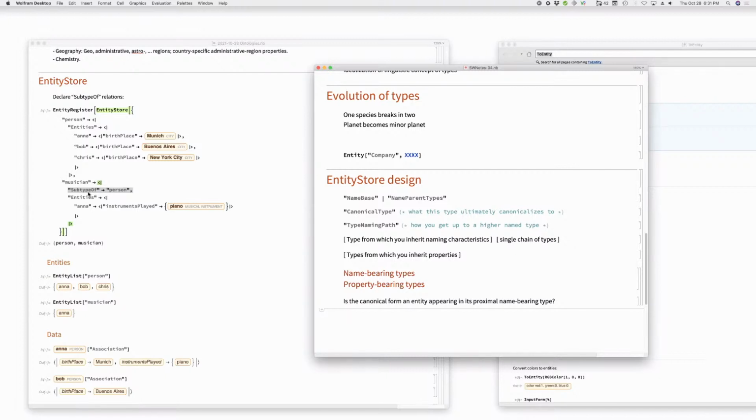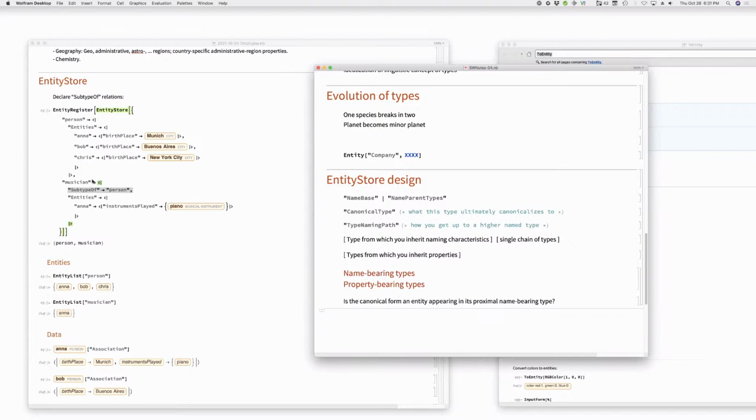I know, but the fact is, this is saying that a musician should have a birthplace, even though we might not know what it is.